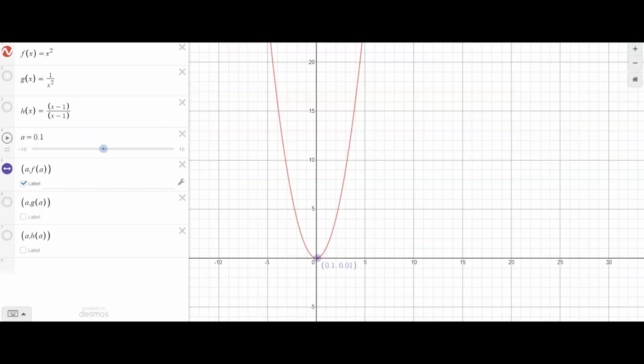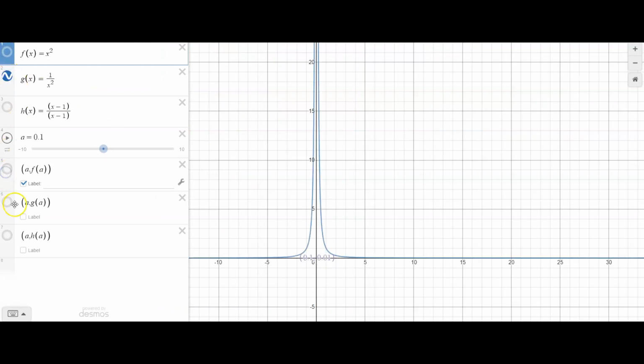And we could also do that simulation here. So let me just uncheck that function, and I've created a new function called g of x. And then I have the ordered pair a comma g of a plotted. So we can see what happens if you just keep track of that ordered pair and its position. We're starting at negative 10, moving from the left to the right towards 0, and watch what happens to that output value. It's still fairly small, but pretty soon, check out that value.